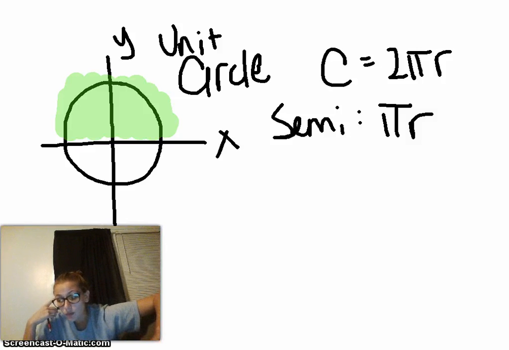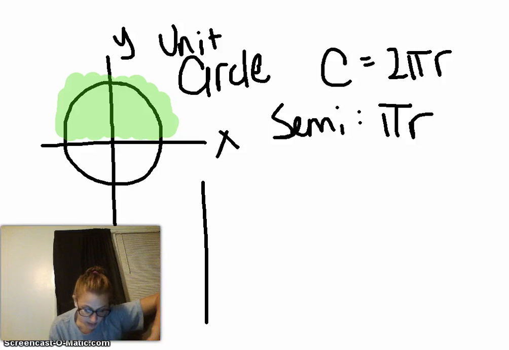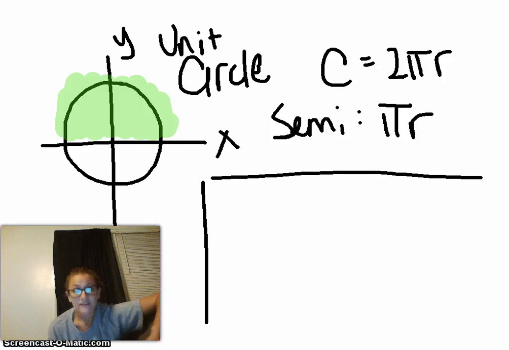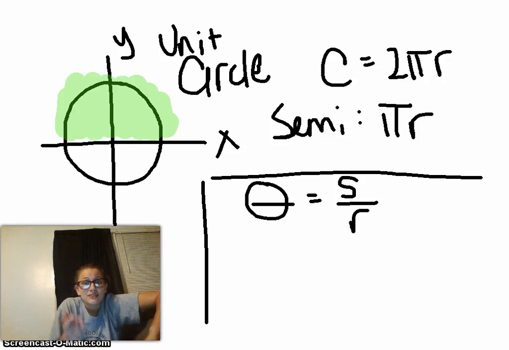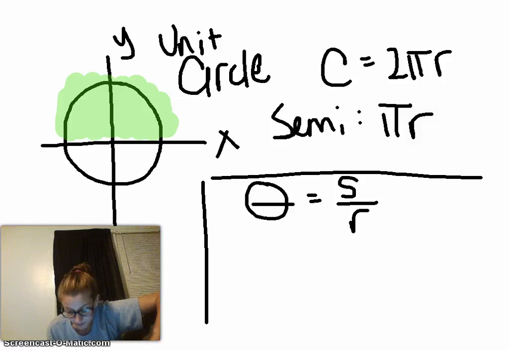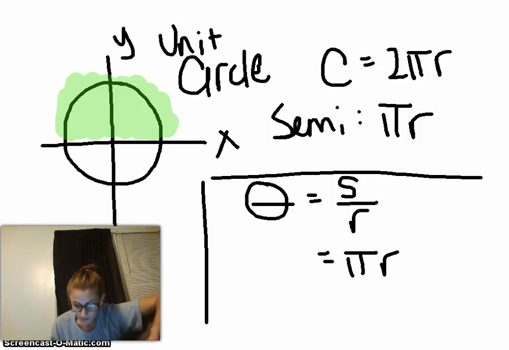Well, we just had a formula on the last page that said that if I want radians, my angle measure in radians is equal to arc length divided by r. Well, the arc length of a semicircle we just said was pi r, divided by r. And here the r's are going to cancel.